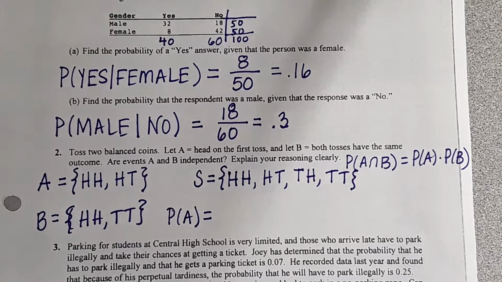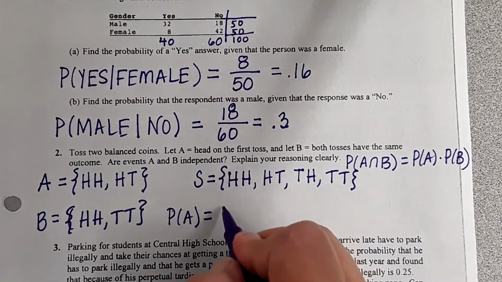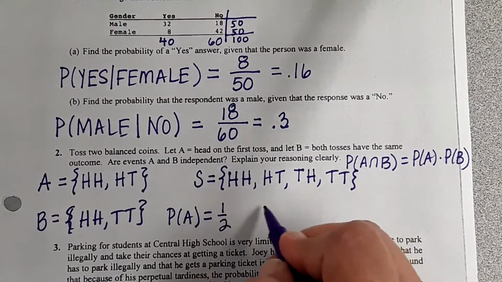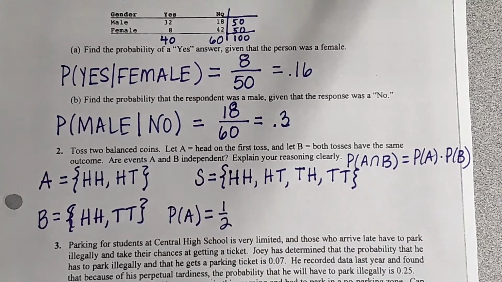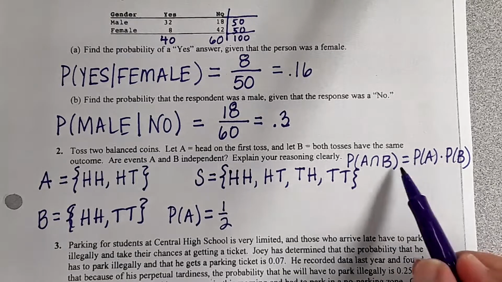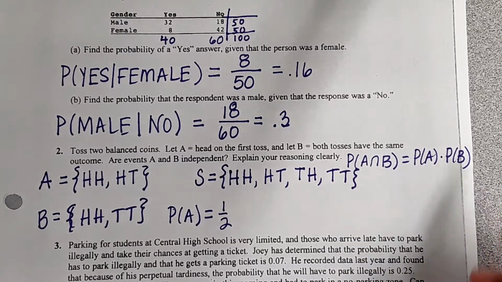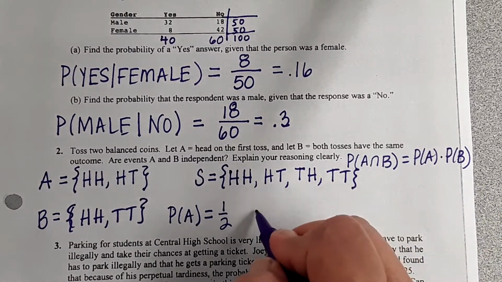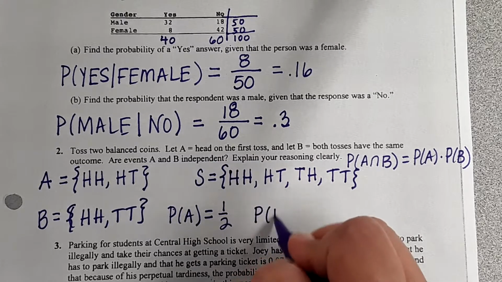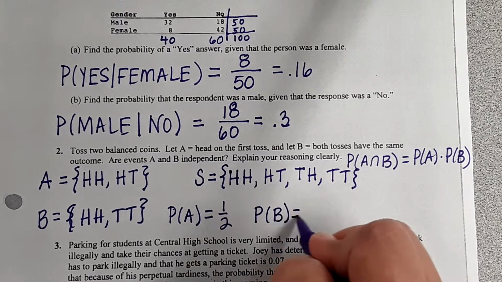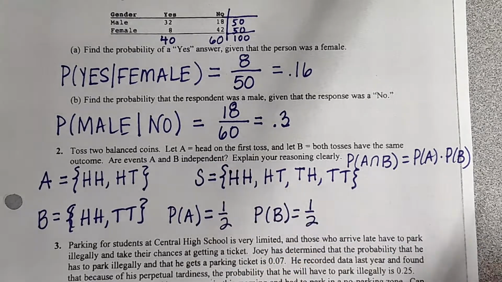What is it? 50% or 1/2? The reason I'm not going to do it in percents is because of the probability rule, okay? What is the probability of B? Okay.